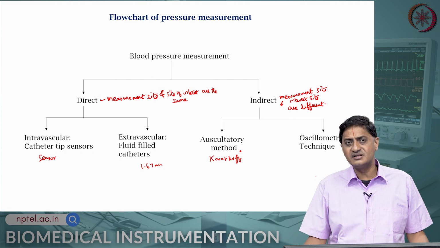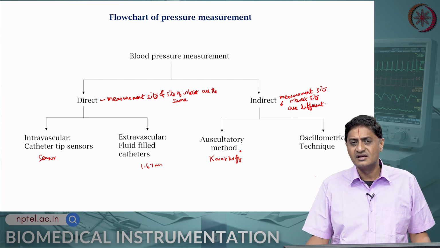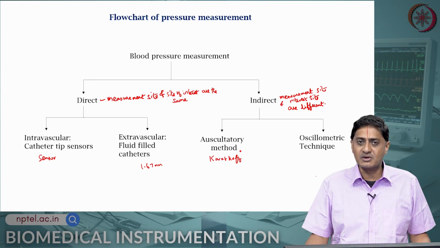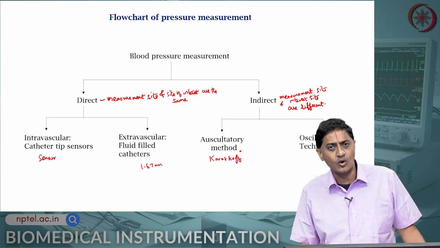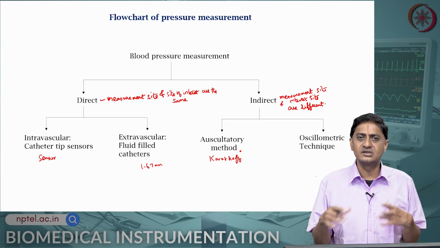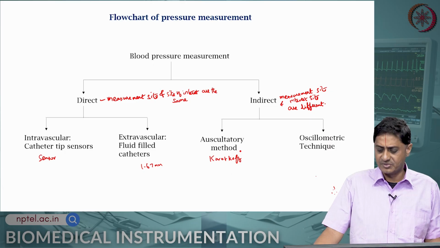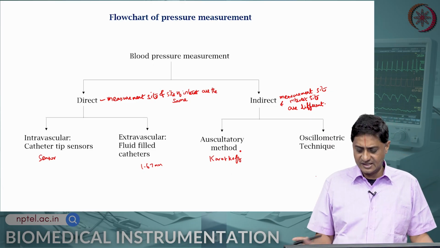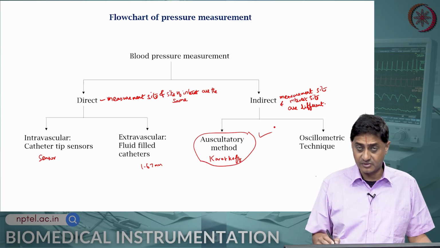If the patient is an outpatient, not having a serious condition where continuous blood pressure monitoring is required, just having a headache or a fever or cold, a regular patient without any serious complications, just presenting to the primary care physician, for example, then most likely this is going to be the method of choice, the auscultatory method.